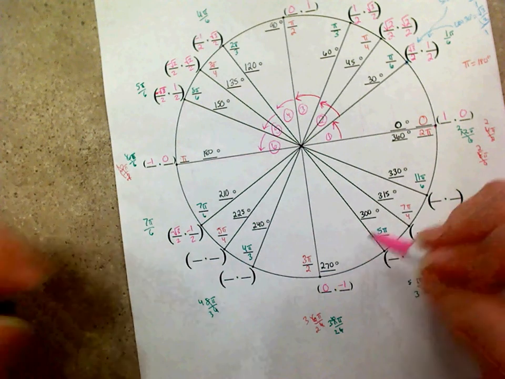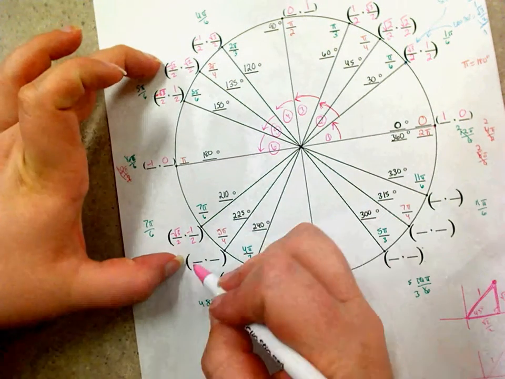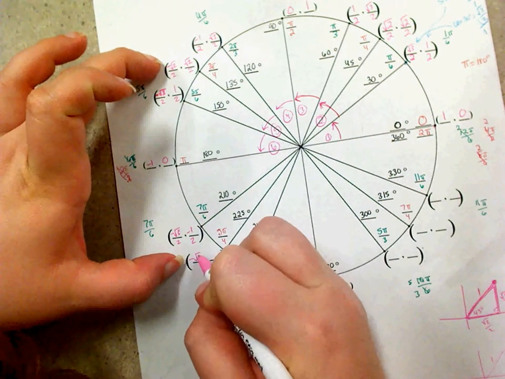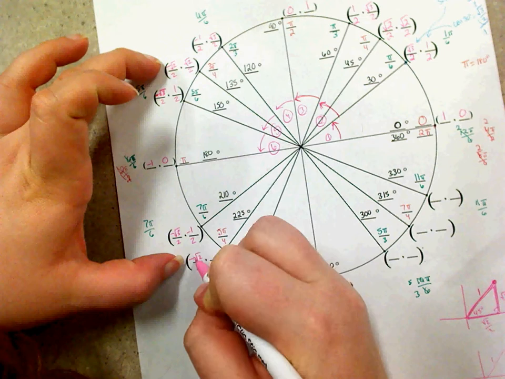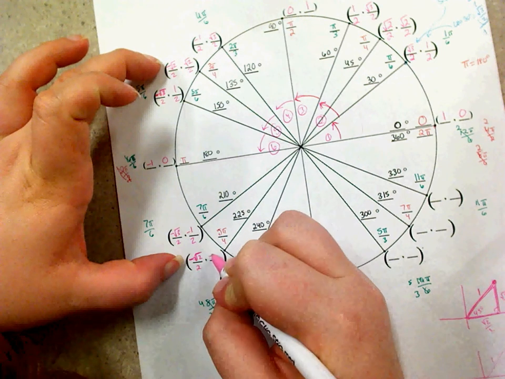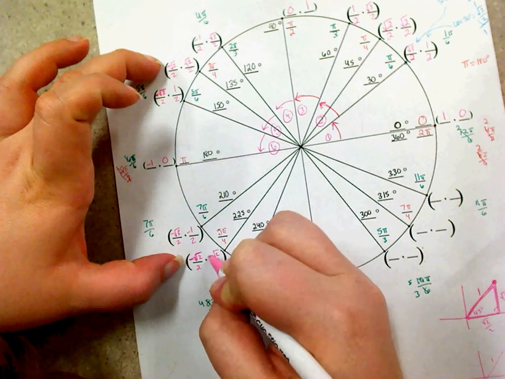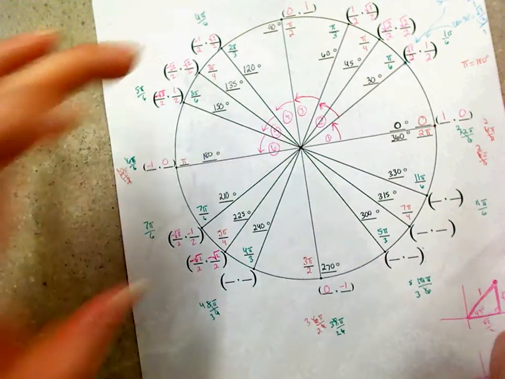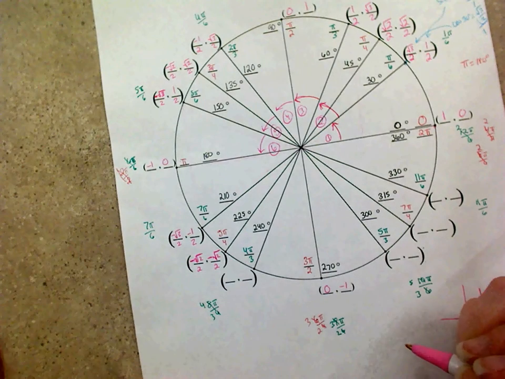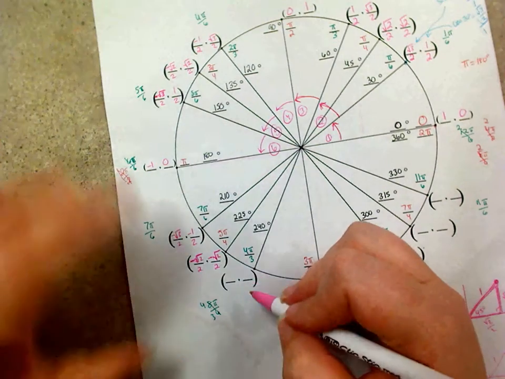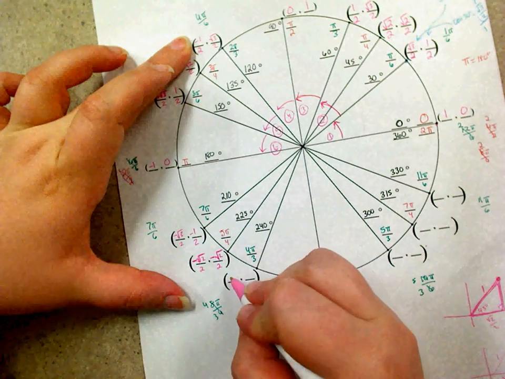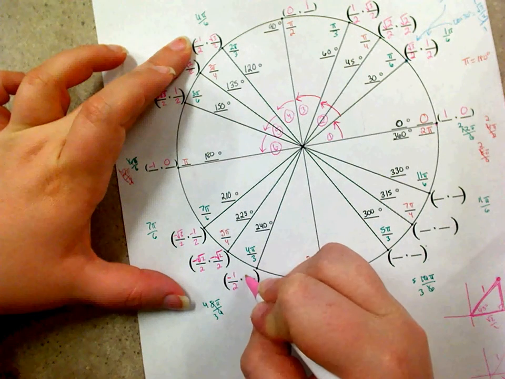Okay? These are the same distances, only the x is negative and the y is negative. Okay, and this is the same as that coordinate point right there. So it's a negative 1/2 and a negative square root of 3 over 2.